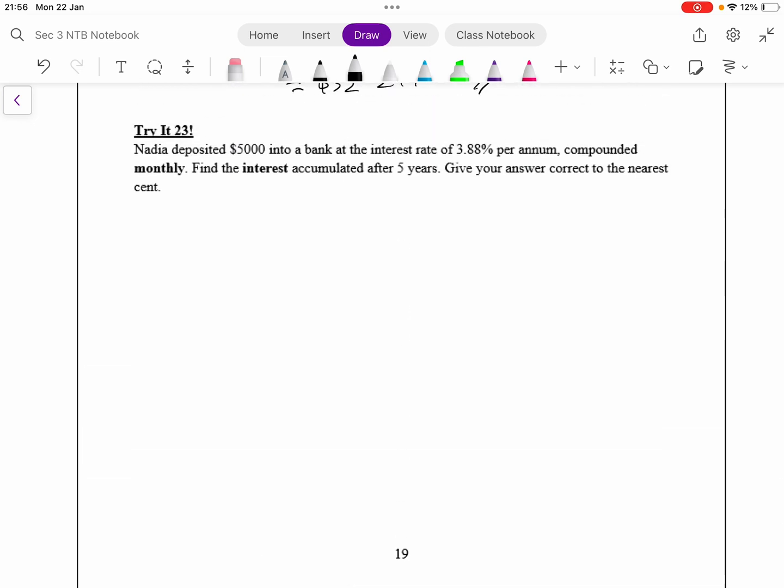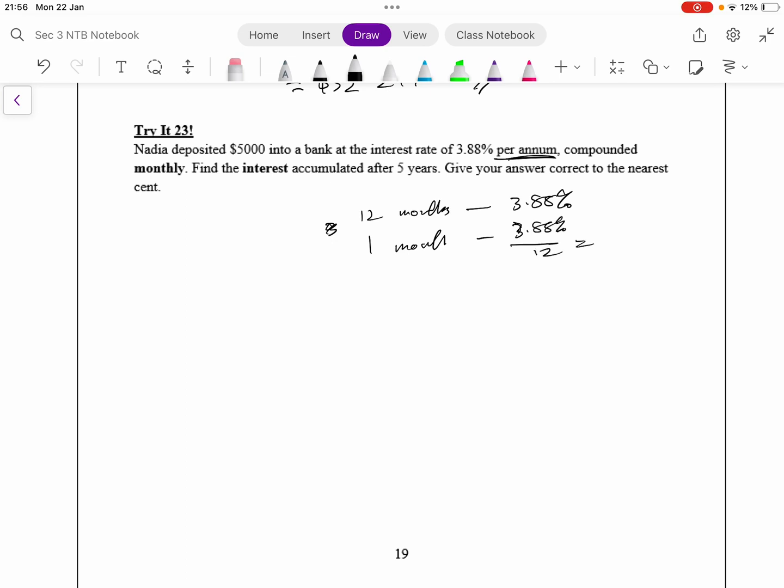Nadia deposited 5,000 into a bank at interest rate of 3.88% per annum. Again, this is compounded monthly, right? So this is per year, so the interest rate is for 12 months. 3.88% for 1 month is 3.88% divided by 12.